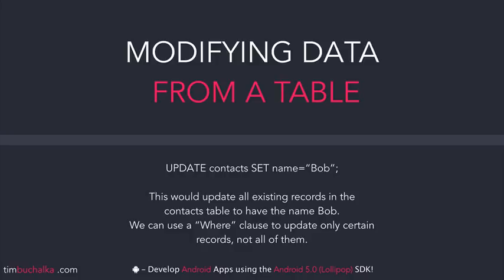So you have to be careful with this command, because it's quite easy to literally update all the records in a database with one command. And SQLite's not going to hold your hand and come back and say, are you sure? It'll just do it. So again, you'll see this in the practical demonstration I'll give in a few videos' time, how this works in practice. But that's how you modify data in a table.